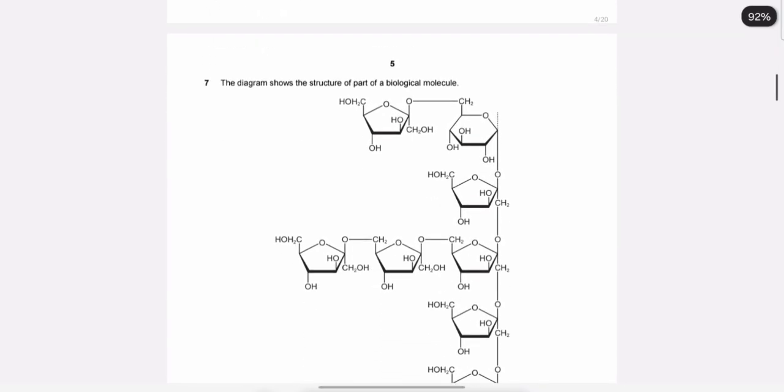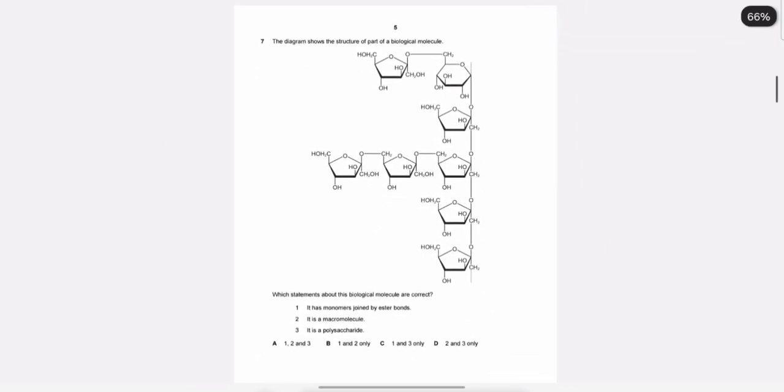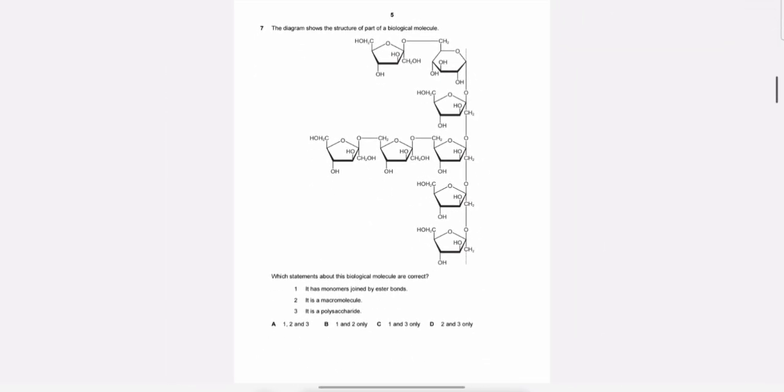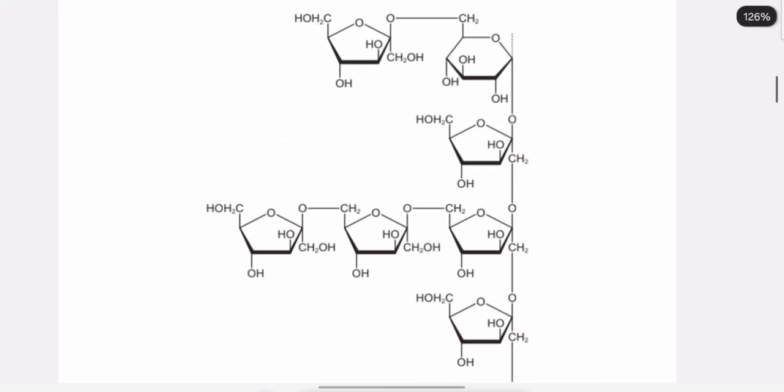Now on to the 7th question, saying the diagram shows the structure of part of a biological molecule, and we can see it's fairly ugly. And the question is, which statements about this biological molecule are correct? The first one is saying it has monomers joined by ester bonds. Let's take a closer look.